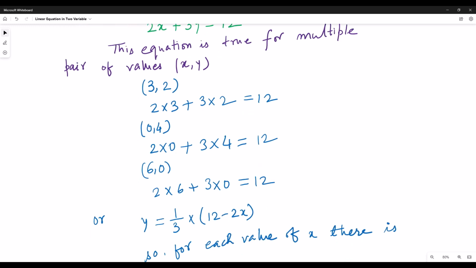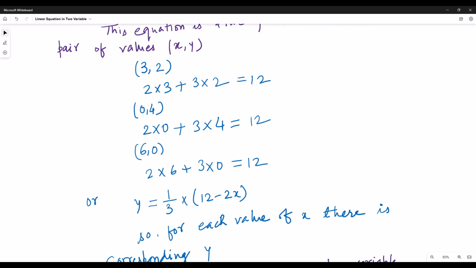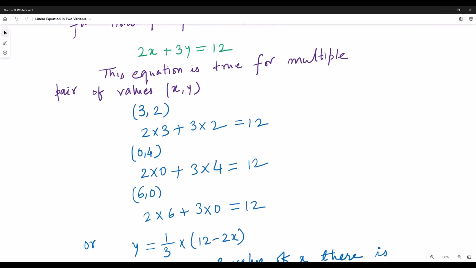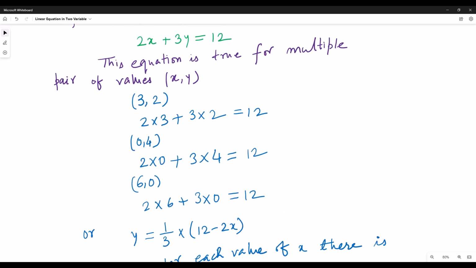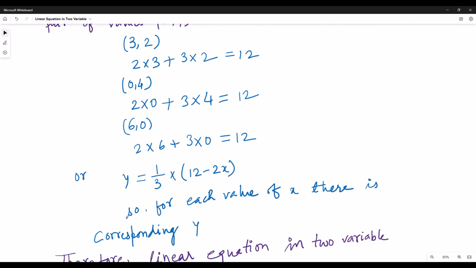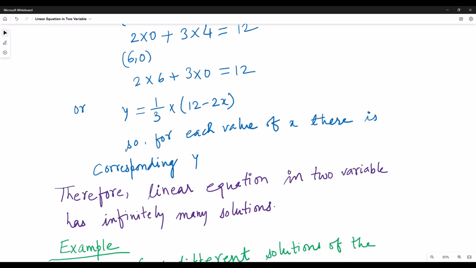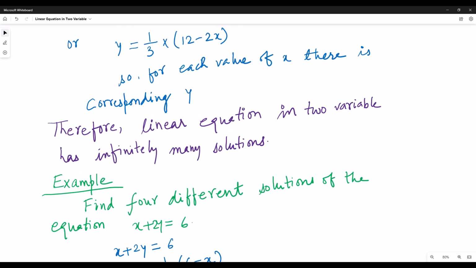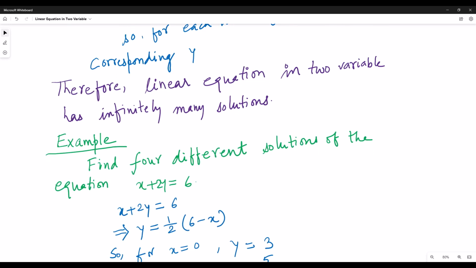These are some examples, but the number of such pairs for which this equation is true is infinite. So the roots of a linear equation in two variables are infinite. Therefore a linear equation in two variables has infinitely many solutions.